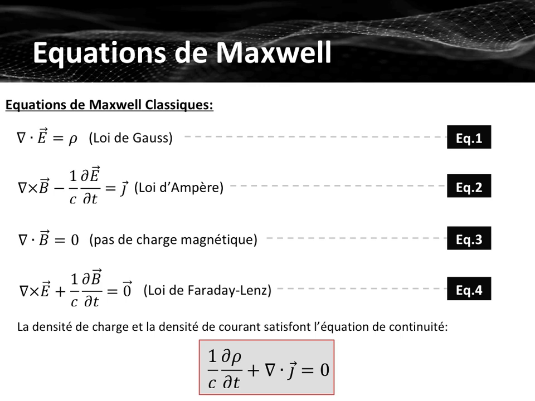In fact, it tells us that there is a time variation of the charge density, rho, which is related directly to a spatial variation represented by the divergence, nabla, of the vector current density J. To obtain this relation, you simply take the divergence of this equation.